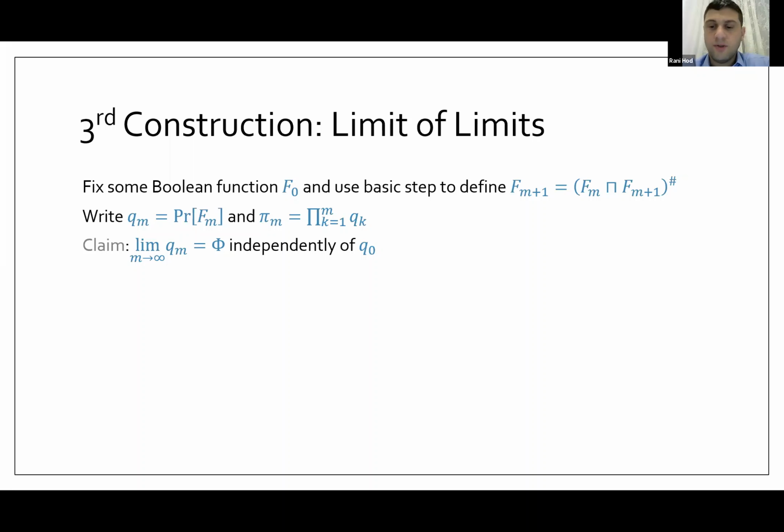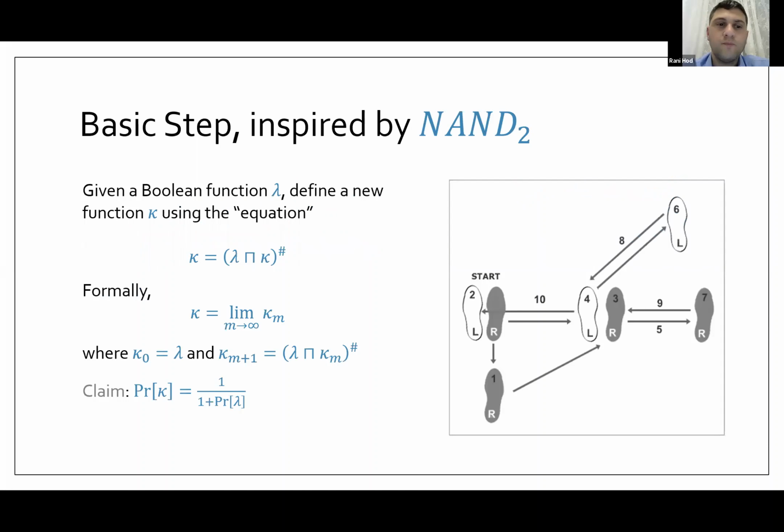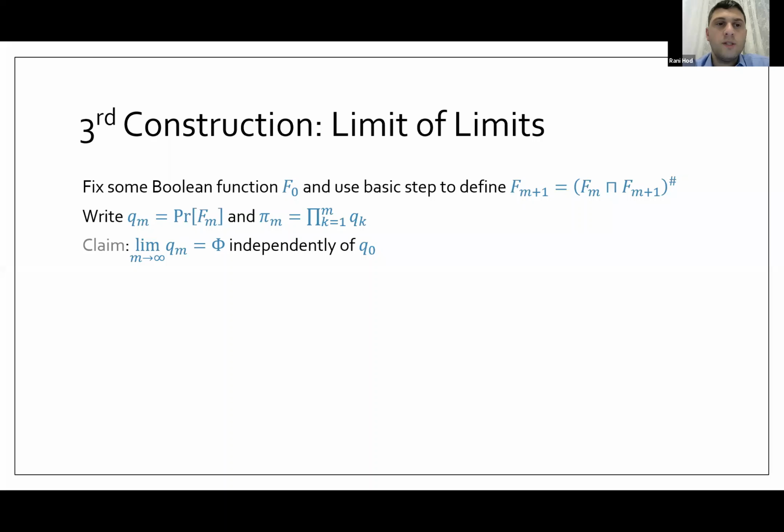This looks like a terrible function to analyze, but actually the analysis is very nice. We can compute what would be the probability of each of these functions. And if we remember the claim from here, if we take this sequence, we take some number, and then the next number in the sequence is 1 over 1 plus the previous number, this sequence converges no matter what the starting point is.